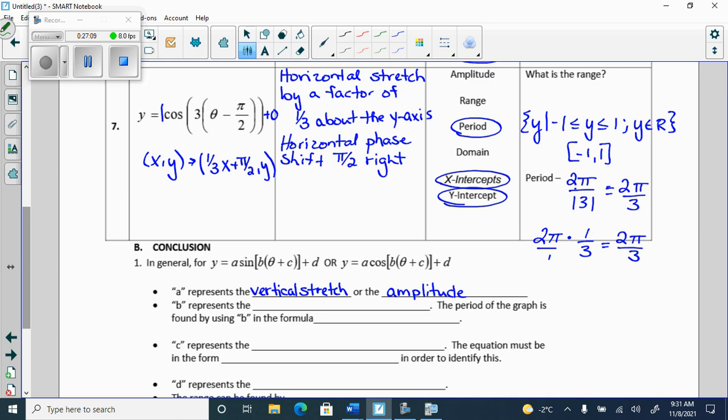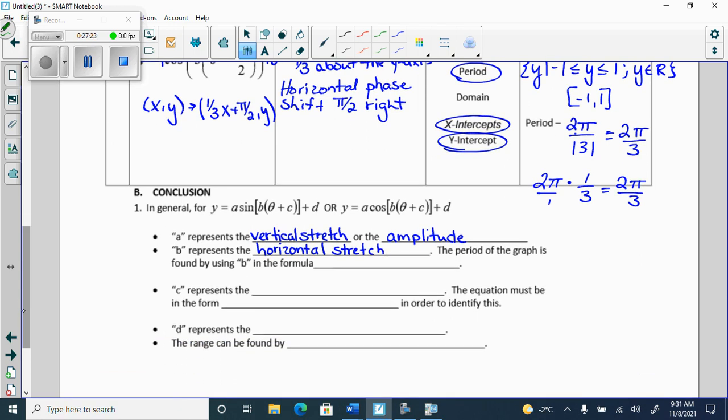B represents the period of the graph, which can be found by using B in the formula P equals 2 pi over the absolute value of B, or P equals 360 degrees over the absolute value of B. Or you can just take the period and multiply it by the horizontal stretch. C represents the what? Horizontal phase shift.